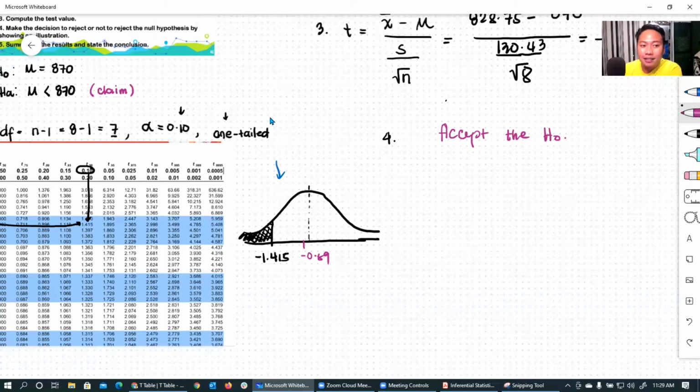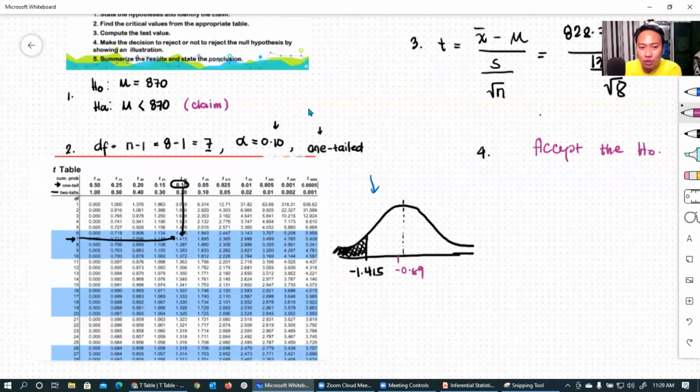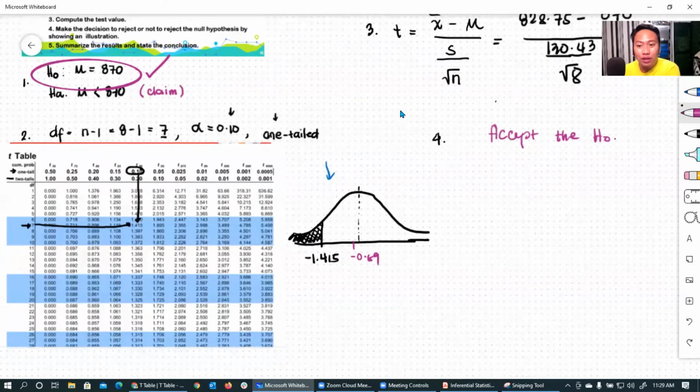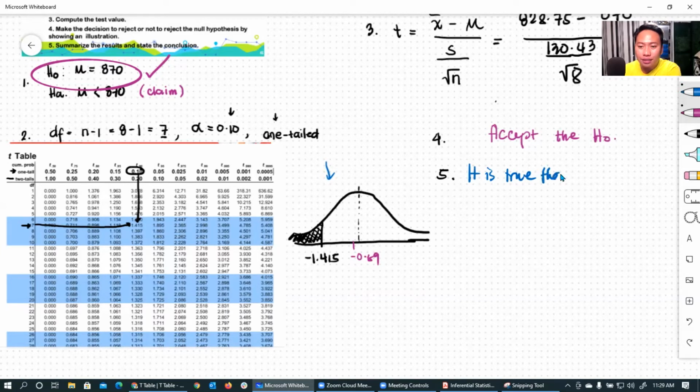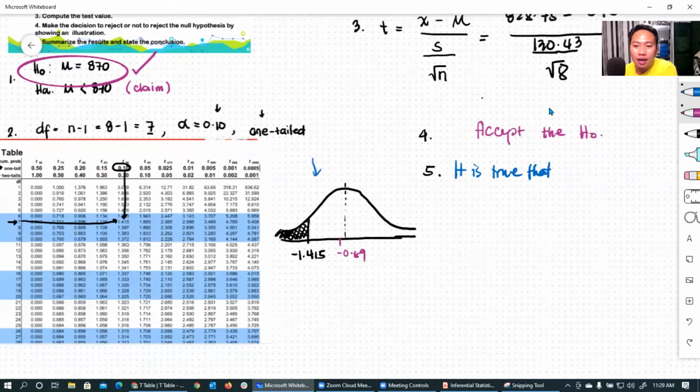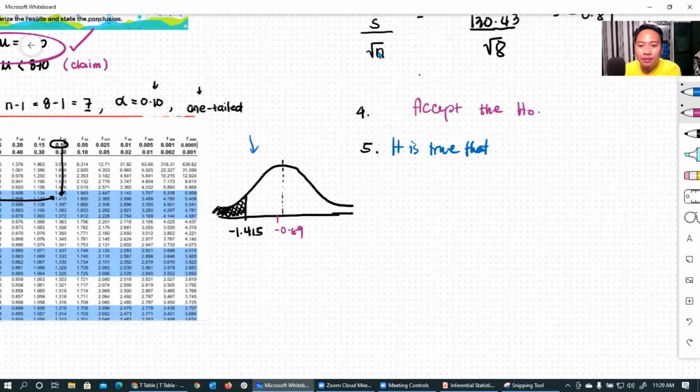So basically, accepting this is true. One of our conclusion statements is: it is true that the average salary is 870.